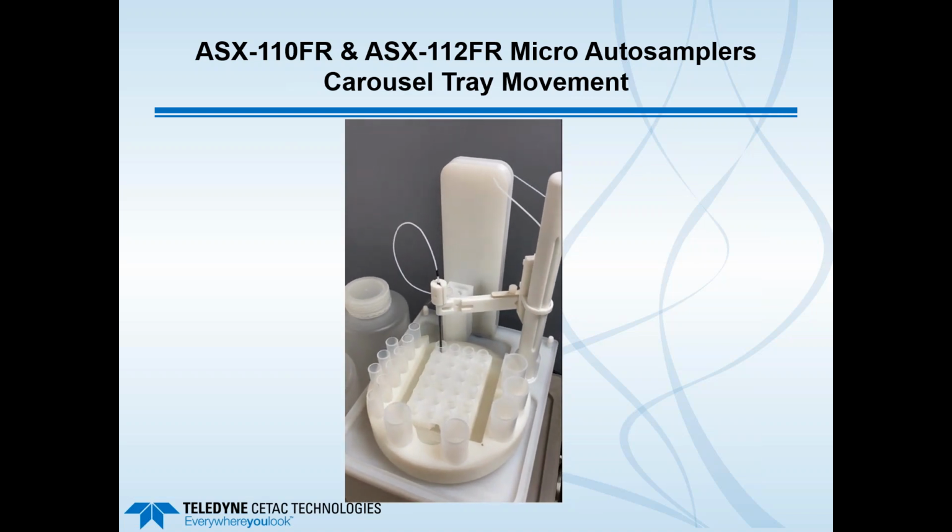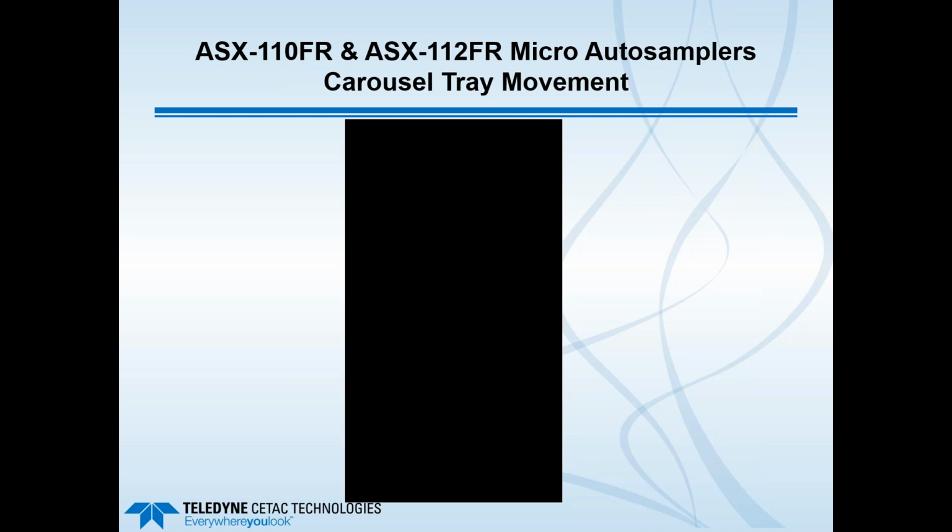So there are two things moving in an ASX 110 or 112: the carousel or rotary tray itself, and then the Z-axis assembly and the Y-arm assembly. So you have several things that do move to position the probe appropriately over the chosen standard position or sample position.